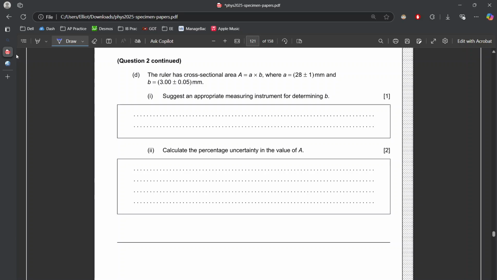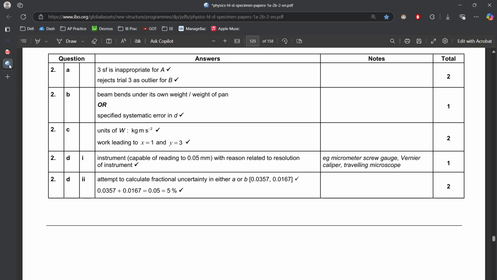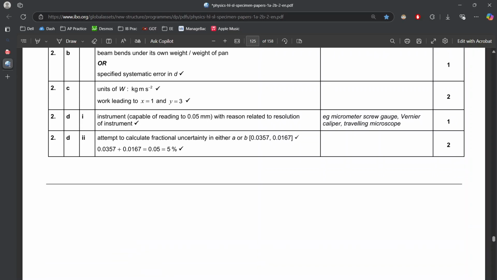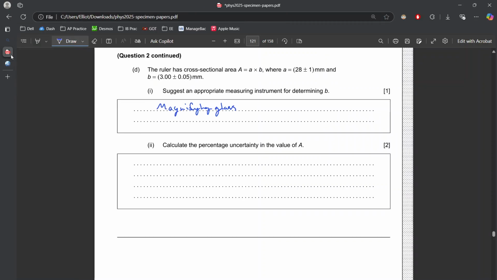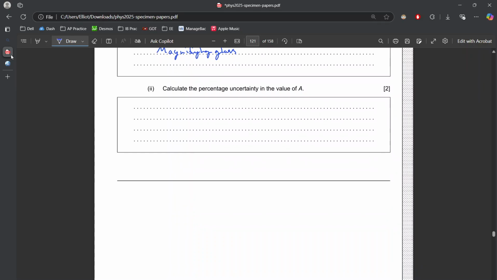I think I saw a microscope on there, but you could also say a magnifying glass. It's probably fine. I think a magnifying glass in the human eye counts.